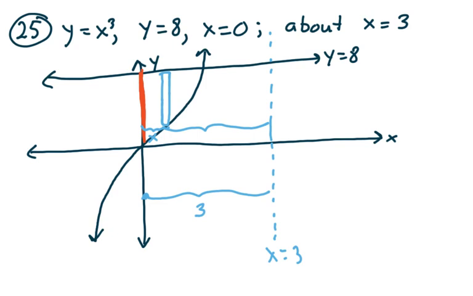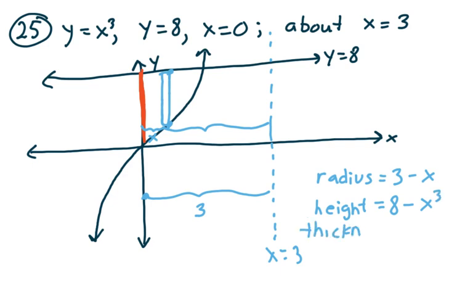And so the radius is going to be 3 take away x. The height is the top function minus the bottom function, so 8 minus x cubed. The thickness is dx.